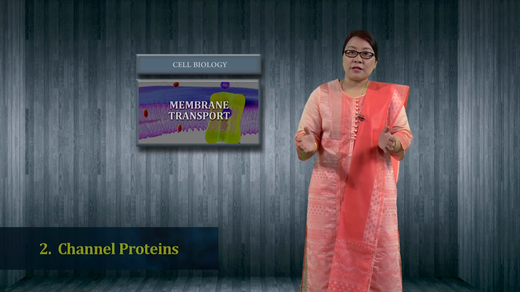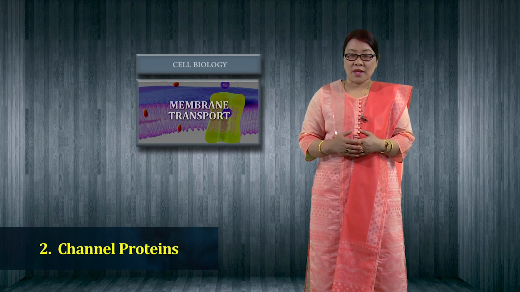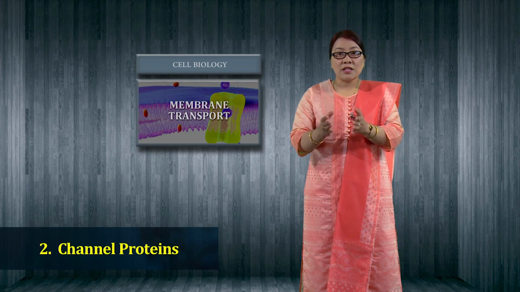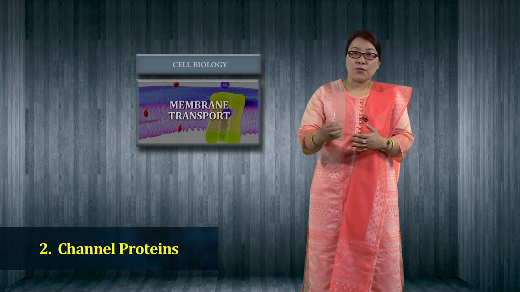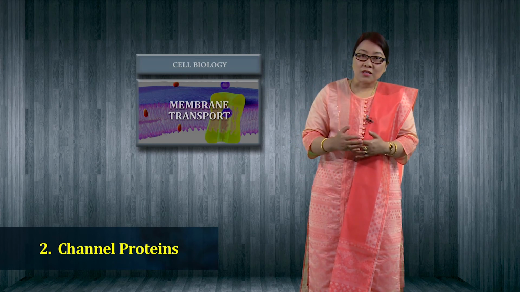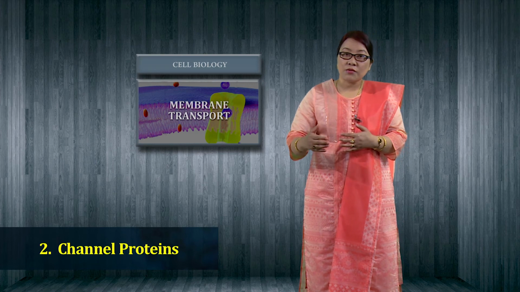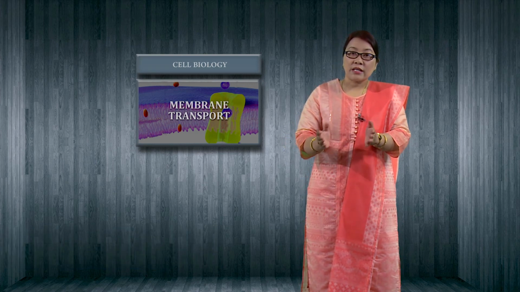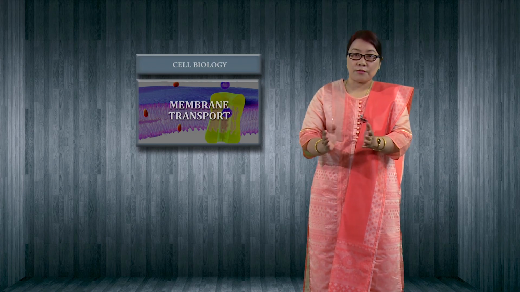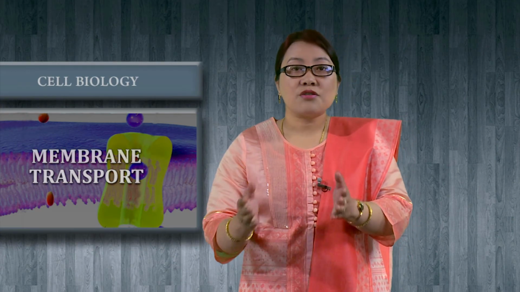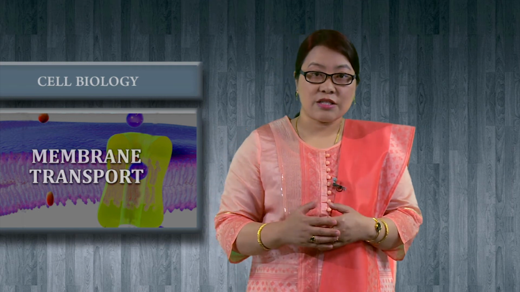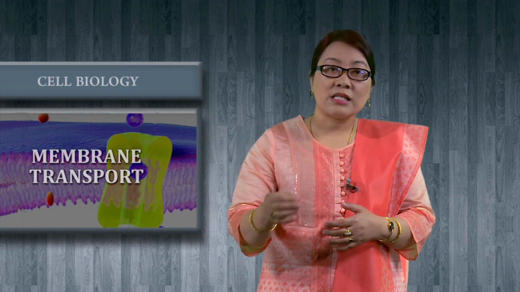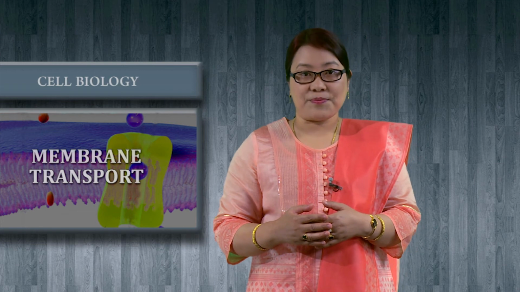Next, let us take up the channel proteins. These are protein-lined passageways in membranes that transport water or specific ions down their concentration or electric potential gradients in an energetically favorable way. Such type of protein-assisted transport is known as facilitated diffusion.